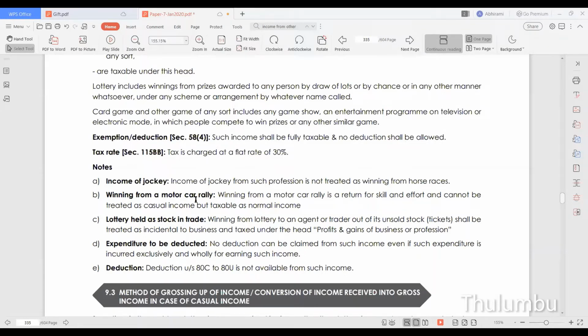So this one, winning from a motor car rally, lottery held as stock in trade.